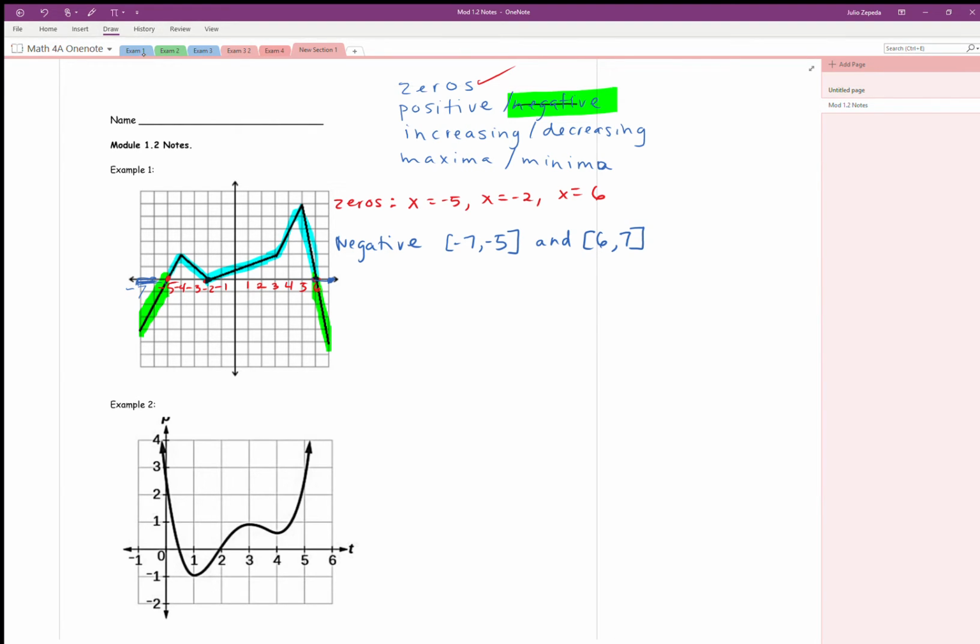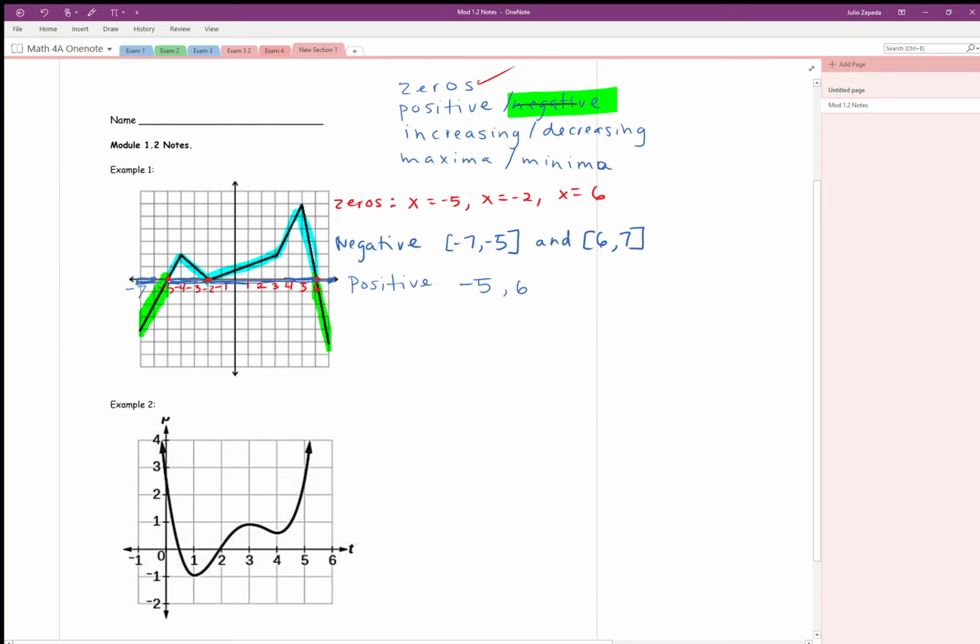So looking on my x-axis, I see that it starts here at -5, and it keeps on going all the way until 6. So we're going to say that it's positive from -5 all the way up until 6.